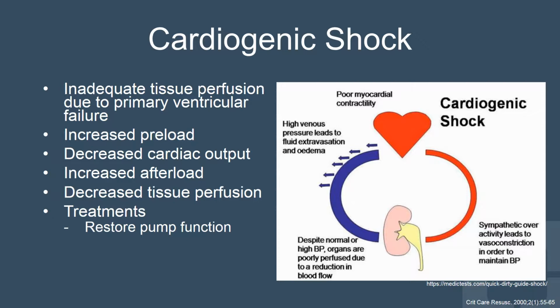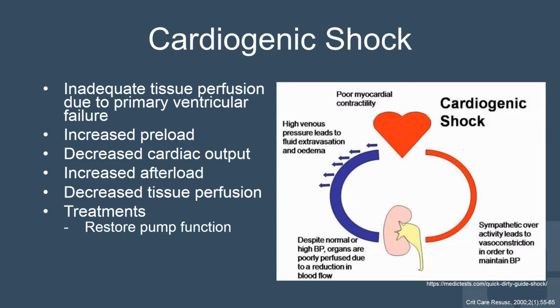Thus, we see fluid extravasation and edema, similar to those patients that we see with heart failure and lower extremity edema. Similar concept with the cardiogenic shock. We see a decreased cardiac output, again, because that heart muscle has that injury and cannot pump effectively. We see increased afterload as the body tries to compensate by increasing its sympathetic tone and increasing its systemic vascular resistance.